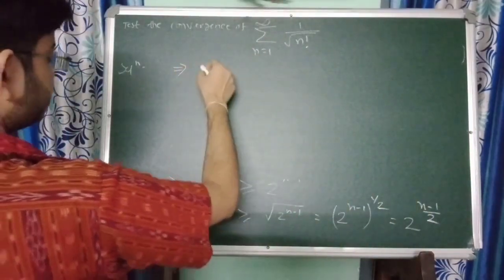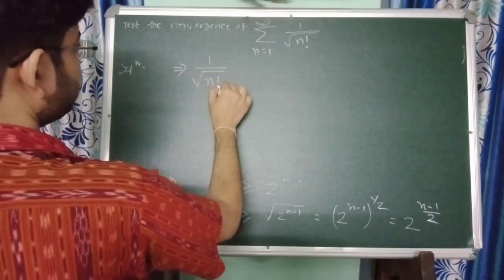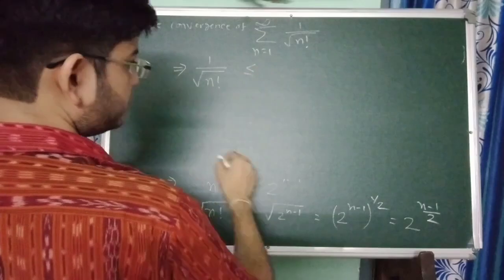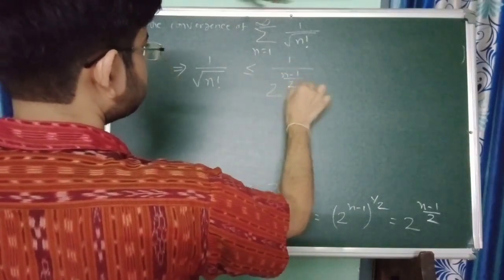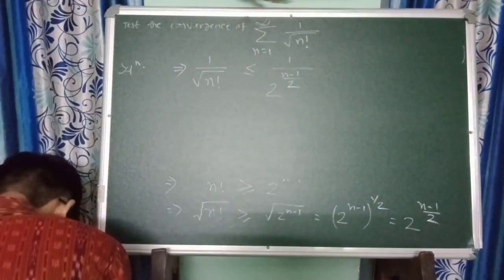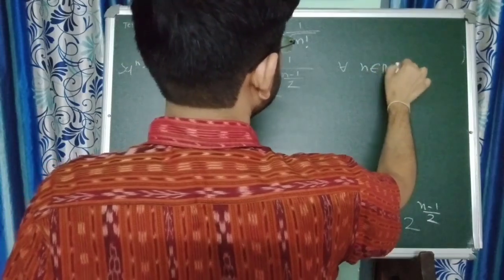This shows that 1 by square root of n factorial is less than or equal to 1 by 2 to the power n minus 1 by 2 for all n belonging to natural numbers.